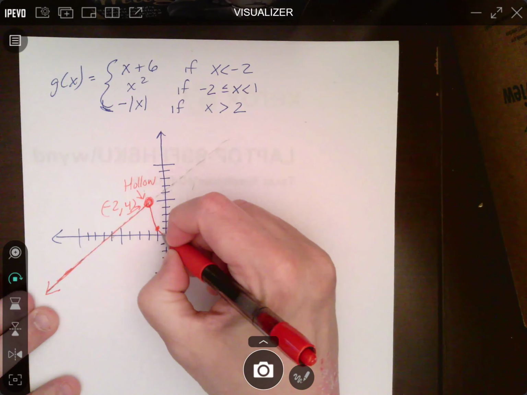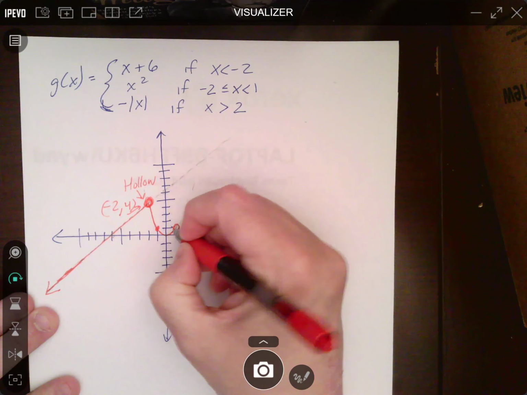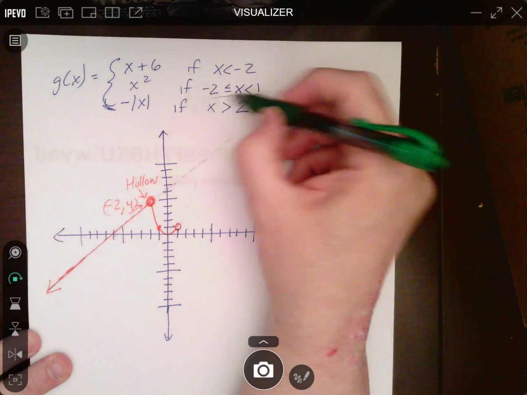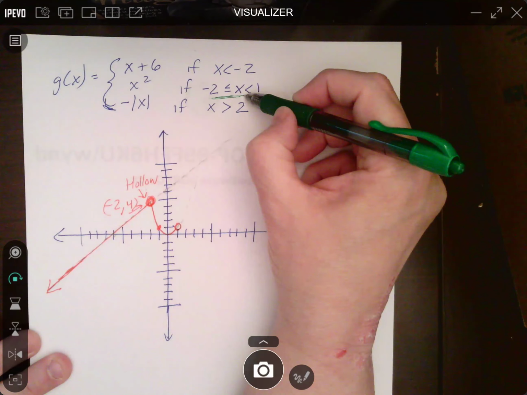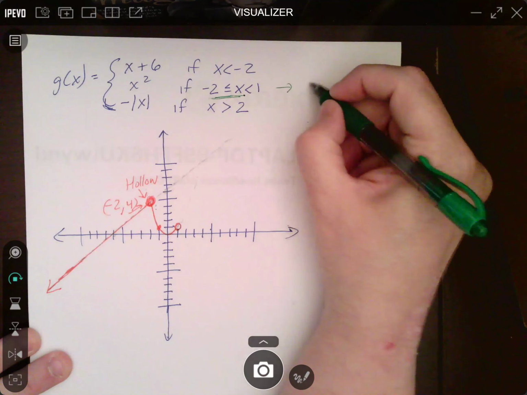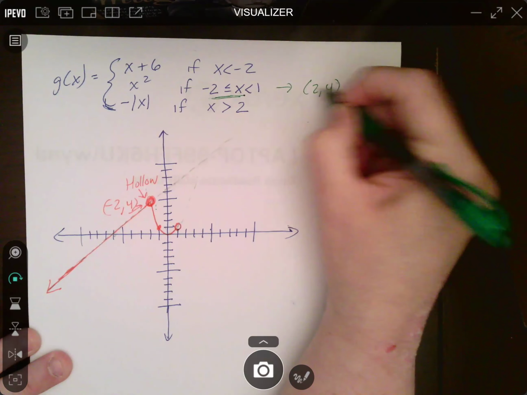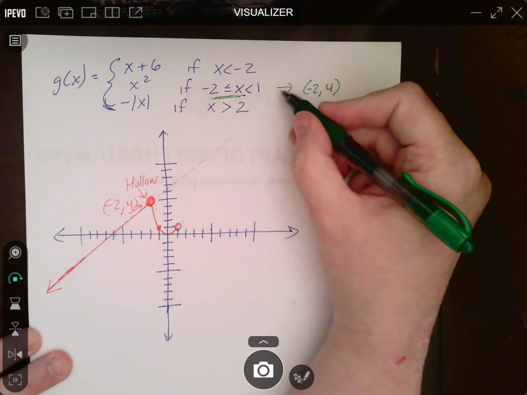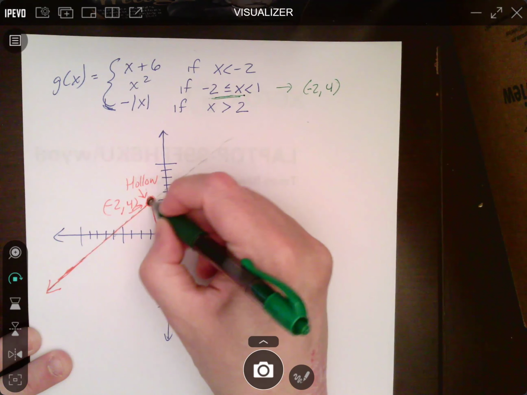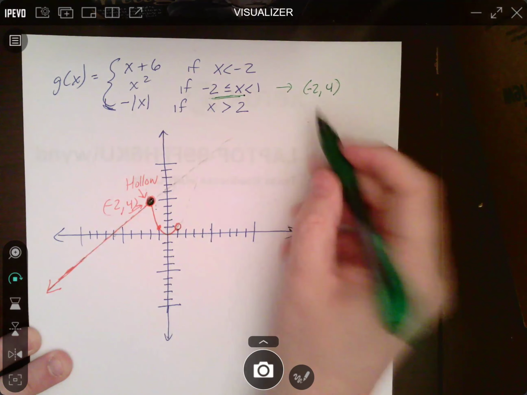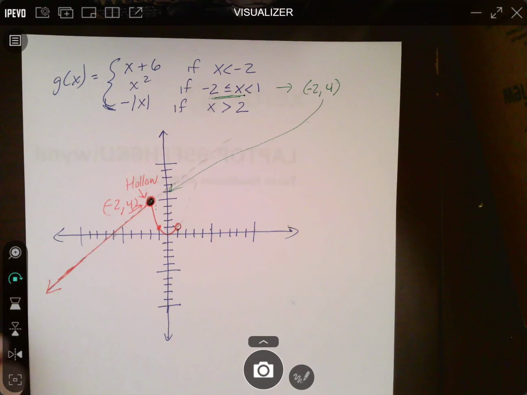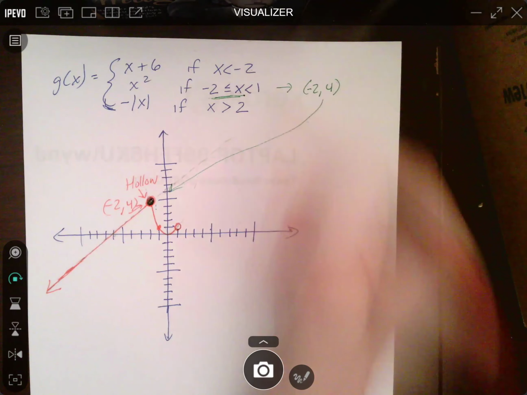This is going to come down and make the parabola. And now I've got -2 is less than or equal to x. It happens that -2, 4 is also on that list, so I can fill this in with the green part from this portion here, not from the top one.